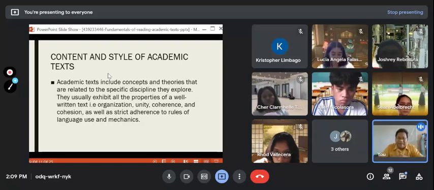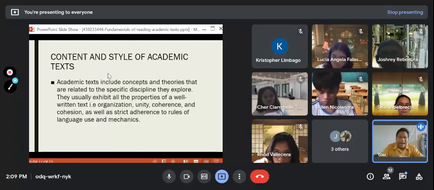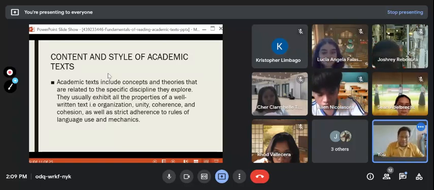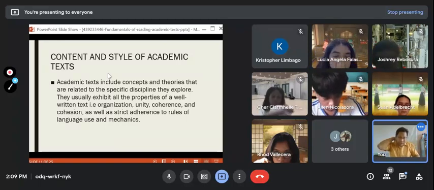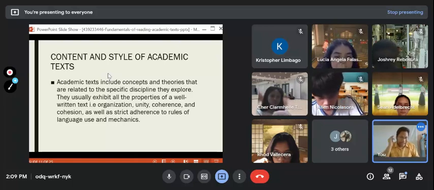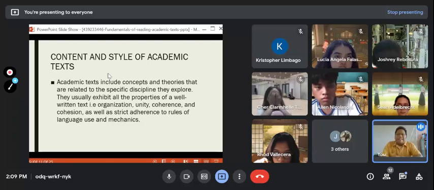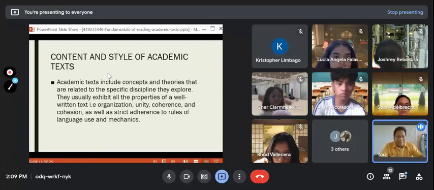All of those are really to be formal and strictly observed when doing academic text. That is not to say that in non-academic text, we disregard the formality of words, correctness of language use and mechanics. No, of course, that's not what we're saying here. But there's just a different level of observance to these guidelines when we deal with academic texts.